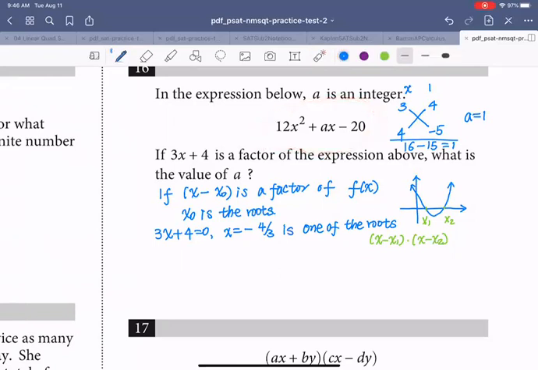So would you please plug in 12 times (-4 over 3) squared minus 8 times (-4 over 3) minus 20 equals 0? Would you please go ahead, plug in, and then calculate how much your A is. Give it a try.